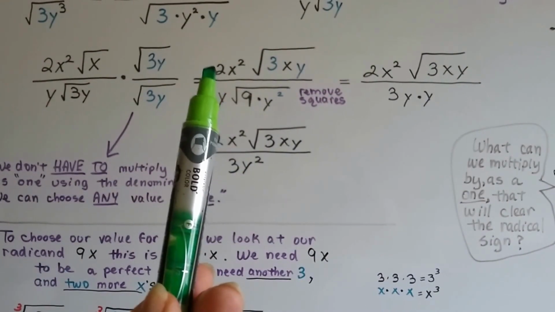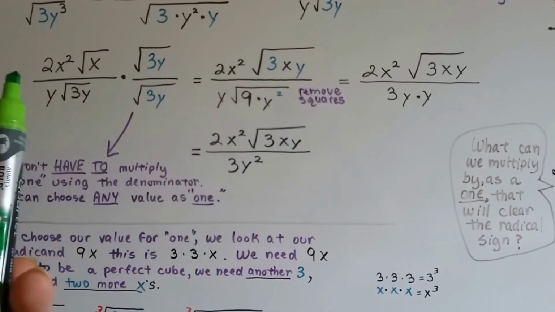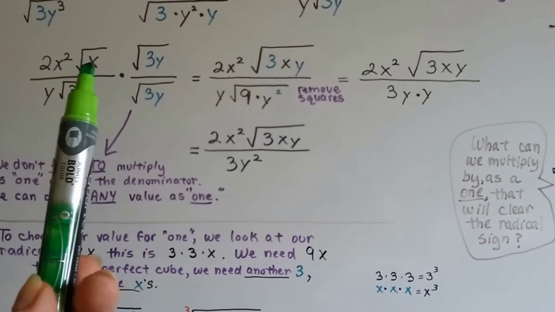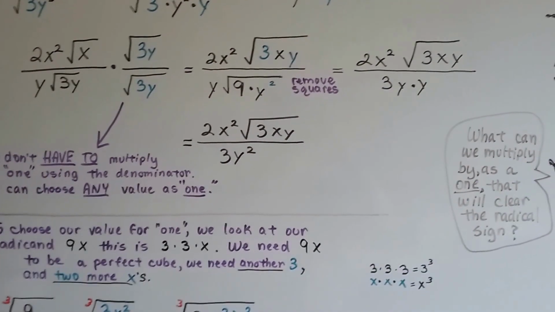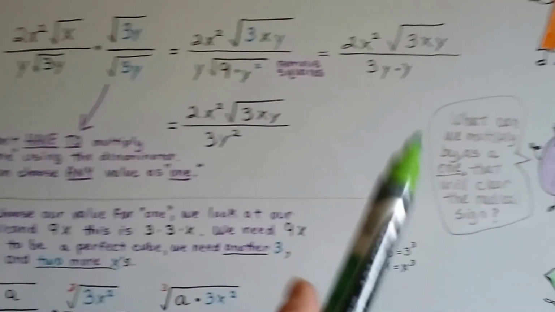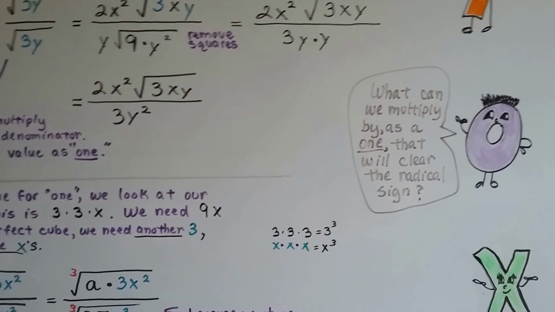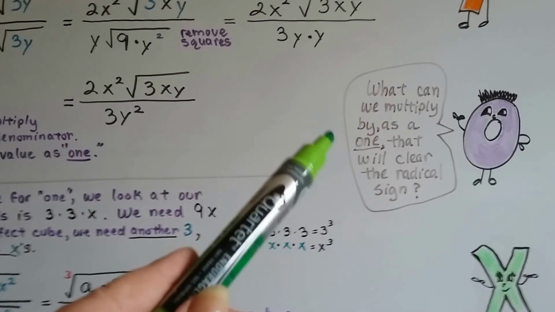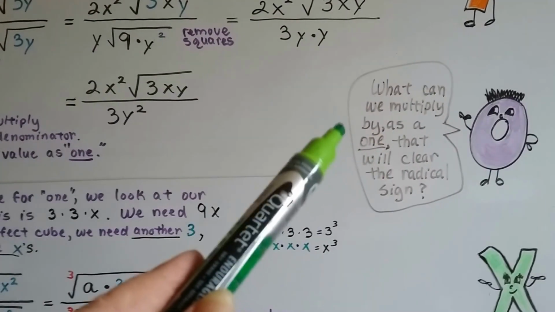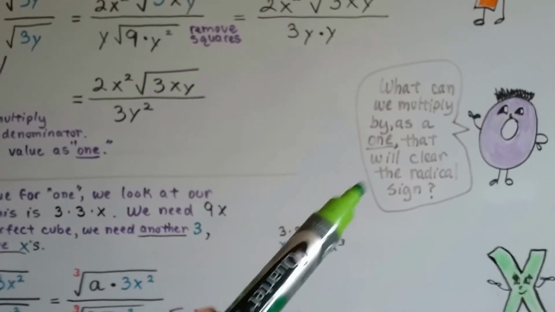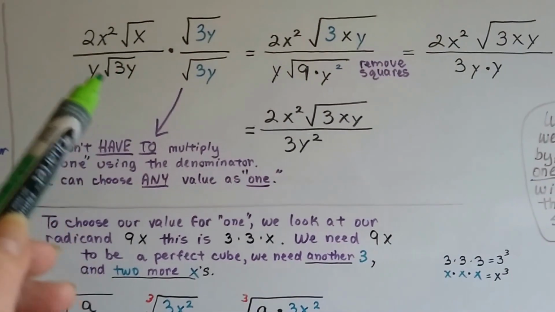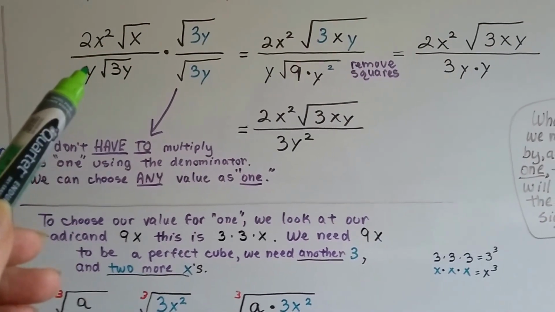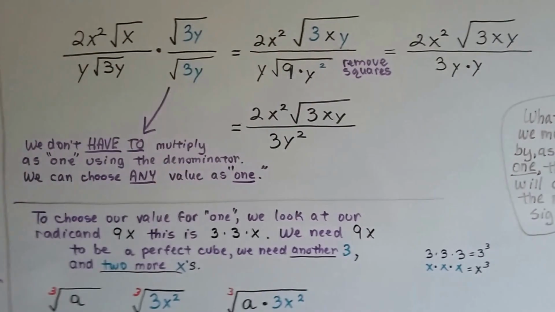On the top, we're going to get 2x squared times the square root of 3xy, see, for the numerator. What we're doing is we can multiply by, as a 1, any number that will clear that radical sign. So we didn't have to do it by the denominator because of that extra y there. We just did it by the 3y, see?